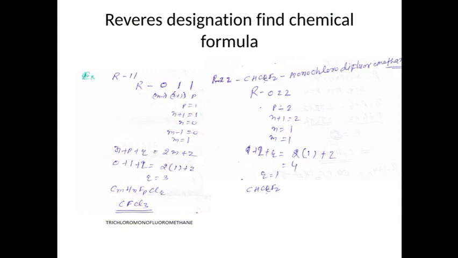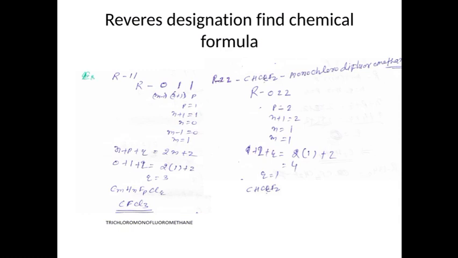So we take the next equation, N plus P plus Q equals 2M plus 2. Here N is 1, P is 2, plus Q equals 2 times M, which is 1, plus 2. So Q will be 1, which means the chlorine molecule will be 1.